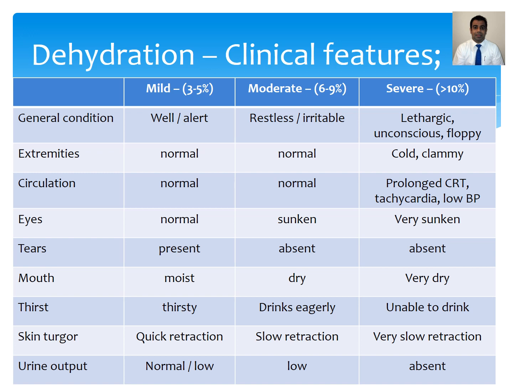They may be unable to drink, and they may show signs of severe dehydration with absent urine output and a very slow skin retraction when it comes to checking skin turgor. Moderate dehydration is somewhere in between the two. So remember, again, the assessment of dehydration is extremely important, because the amount of fluid you're going to give this patient will depend on the degree of dehydration.